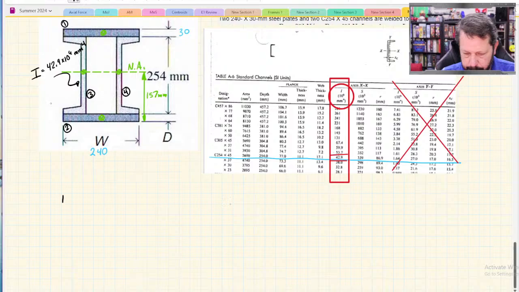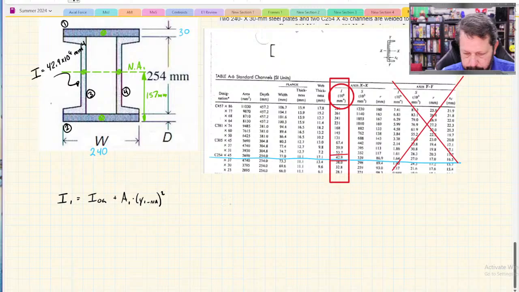Part 1: I1, the moment of inertia for part 1, equals the moment of inertia for part 1 as it's originally given, plus A1 times y between 1 and the neutral axis, squared.